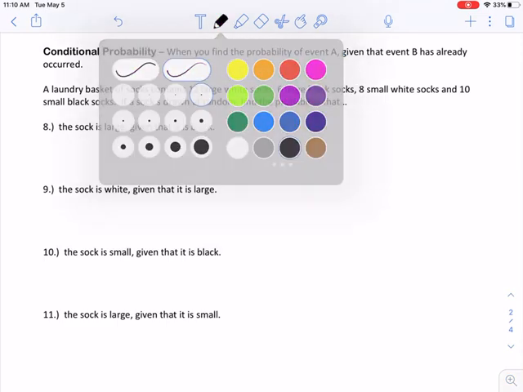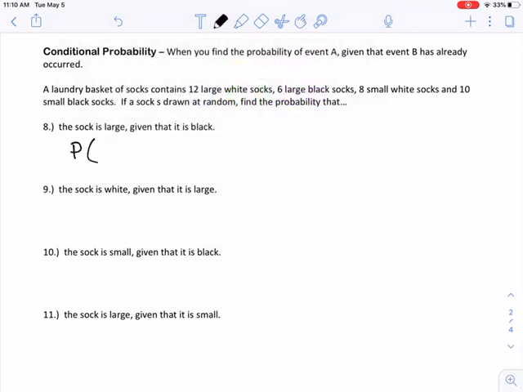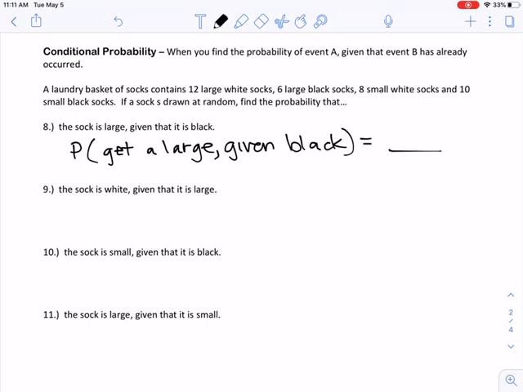So we want to find the probability that we get a large sock given that it's a black sock. So that means we're just choosing out of the black socks.